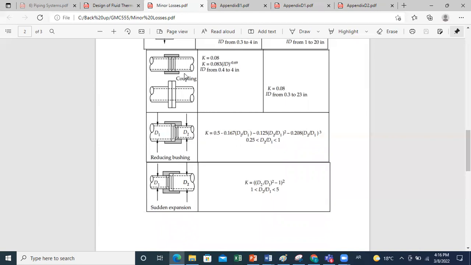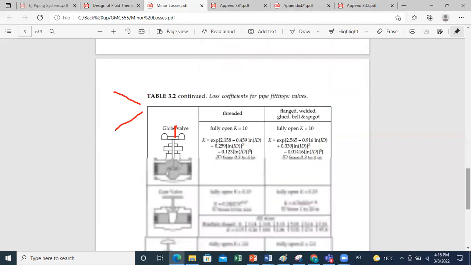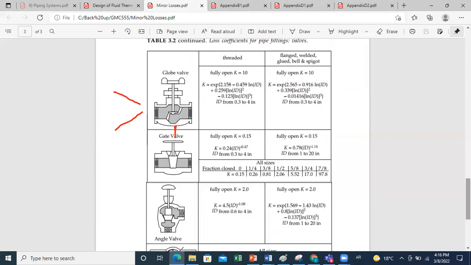For example, for the convergent nozzle, you have a gradual change. So this will help in reducing K. However, if you do a sudden reduction, then you expect to get larger values of K. And here also we have, depending on the type of valve used, it's a globe valve, a gate valve, or an angle valve.